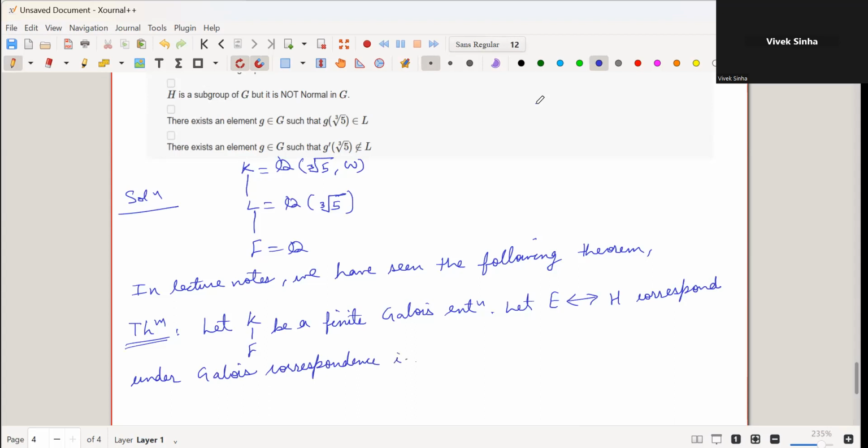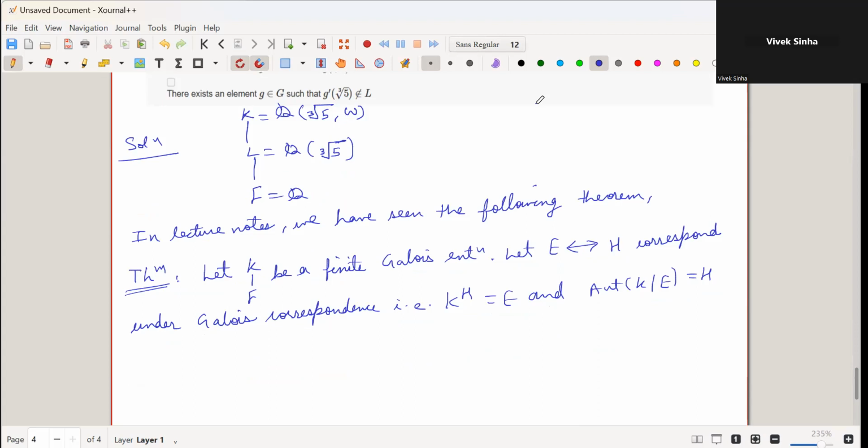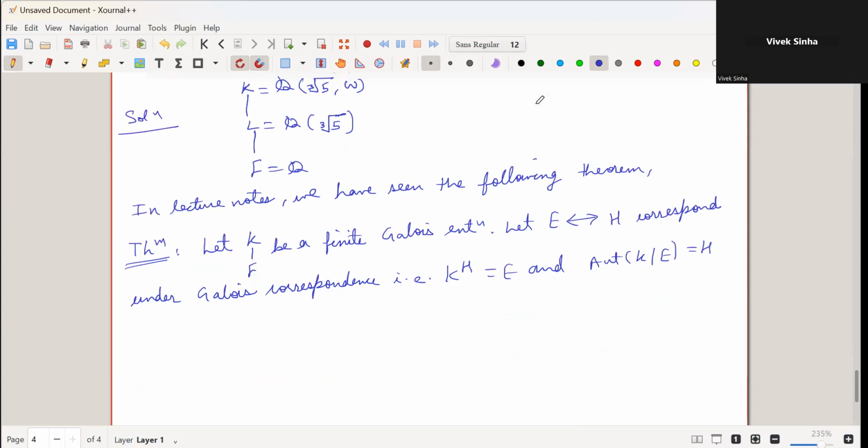The fixed field of K with respect to H is E, and the automorphism group of K over E is H. So H is some subgroup of the automorphism group of K over F, and E is the subfield between K and F. Then E over F is a Galois extension if and only if H is normal in G.